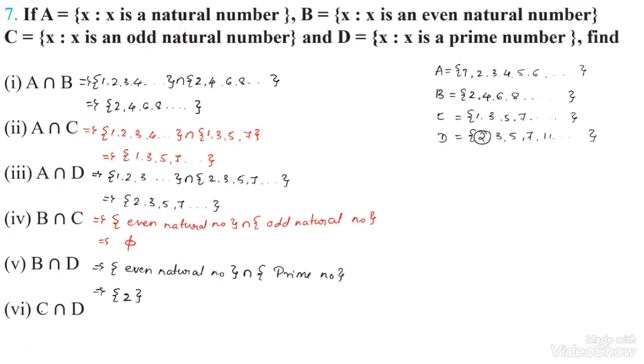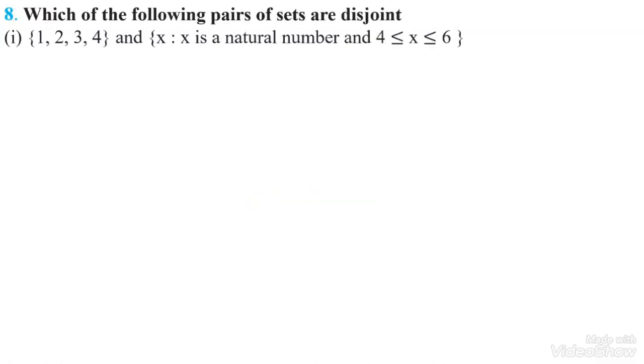Next question, C intersection D. C contains odd natural numbers, intersection D means odd prime numbers. Here the result is, I have directly written here, odd prime numbers. You have to write it in sentence form, or else you have to write the elements directly.